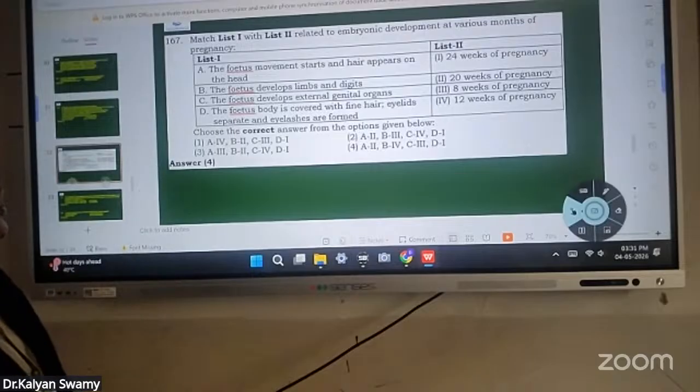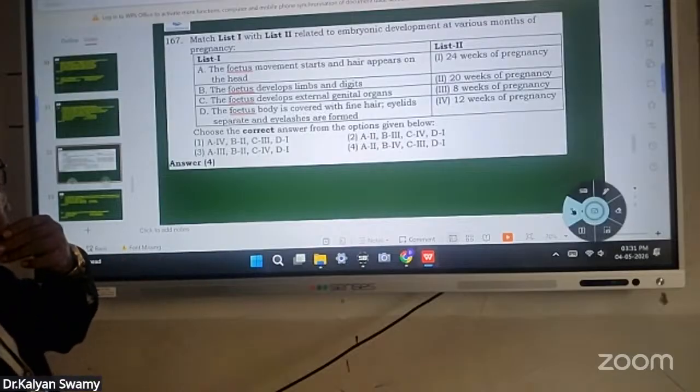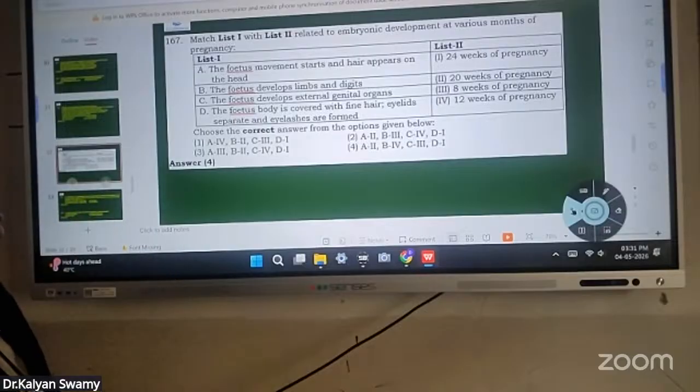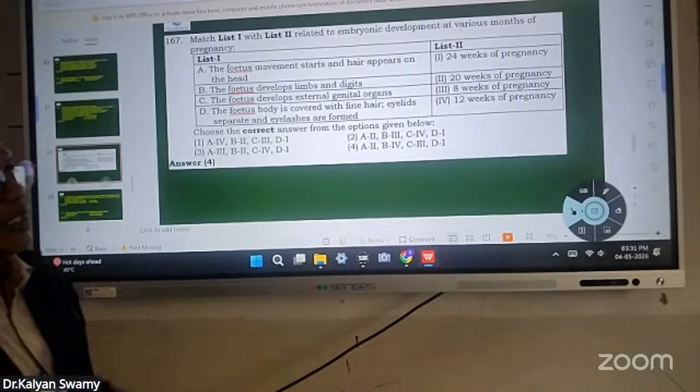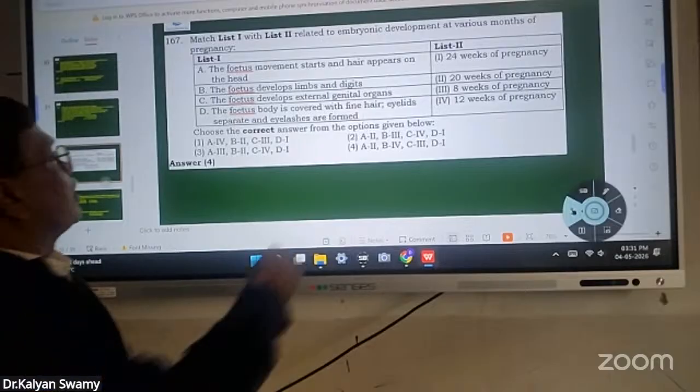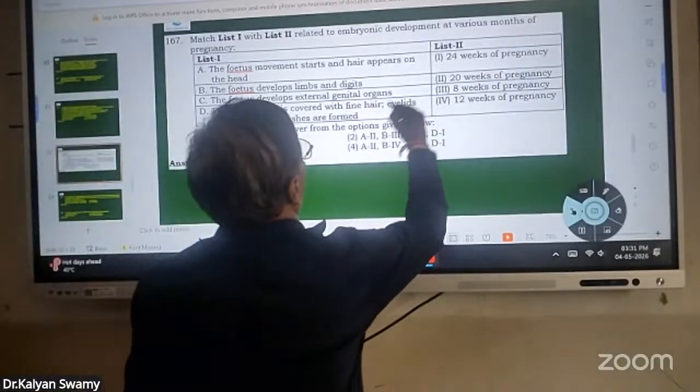Fetus develops limbs and digits, that is 12 weeks of pregnancy. Fetus external genitalia in the beginning only, that is 8 weeks of pregnancy. Fetus body is covered with fine hair, eyelids separate and eyelashes, that is 24 weeks of pregnancy.